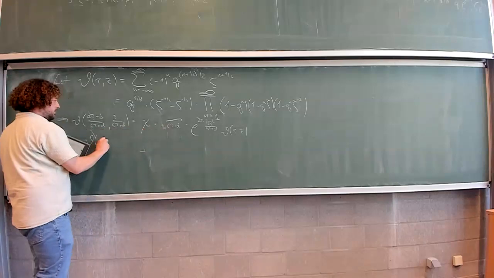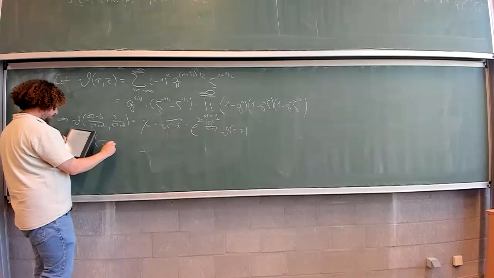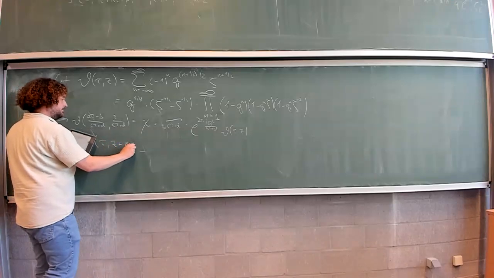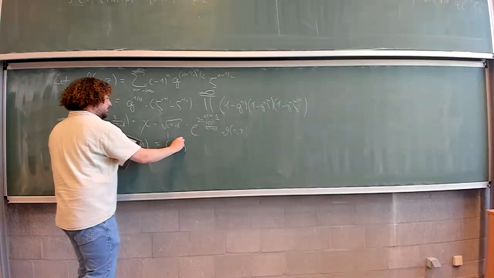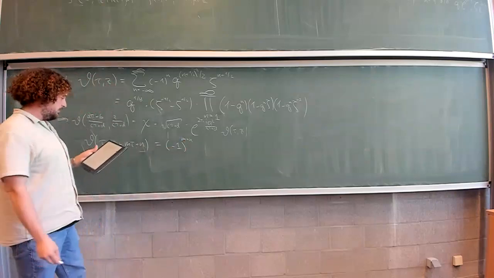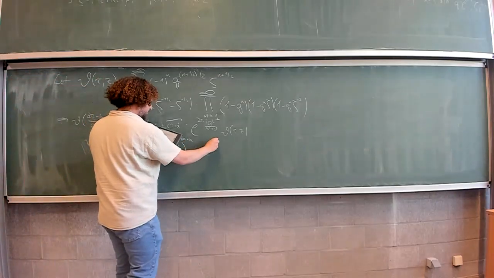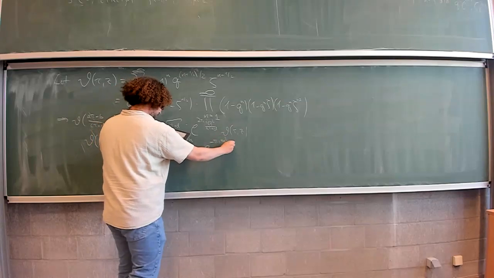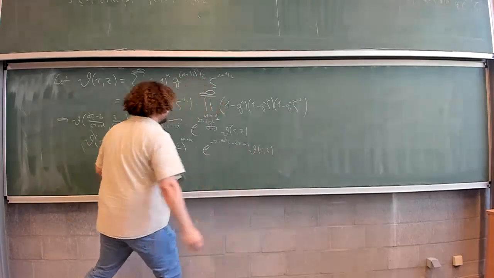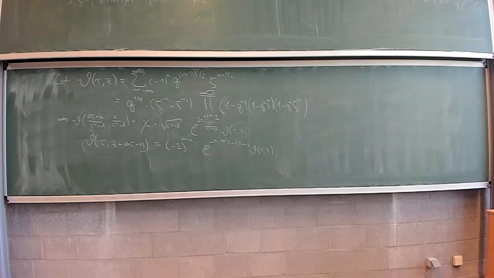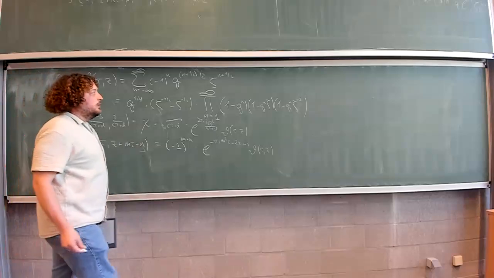So we have some kind of twisted modularity with respect to tau and with respect to the elliptic variable. It's also not exactly periodic, so there's some factor depending on m and n. There's also some exponential factor. Anyway, this function satisfies some kind of modified modularity and some kind of modified ellipticity.